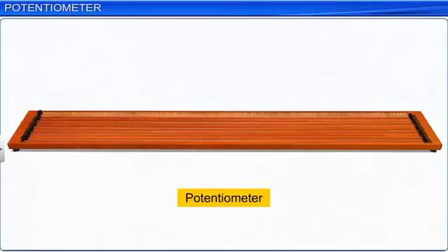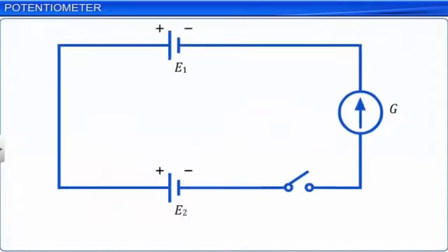To understand the principle of a potentiometer, we take a simple circuit, where two cells with EMF E1 and E2 are connected in a loop such that their positive terminals are joined and negative terminals are joined by connecting wires. A galvanometer G is connected in series in the circuit as shown.